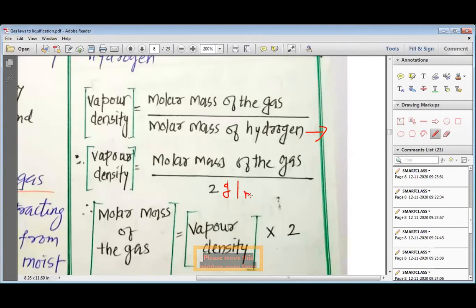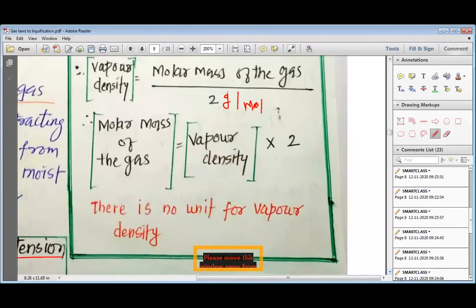So the molar mass of hydrogen is 2 gram per mole, and that is why we can write 2 gram per mole instead of molar mass of hydrogen, and we can easily find out that the molar mass of the gas is equal to vapor density multiplied by 2. You simply multiply the vapor density with 2 and you get the answer.